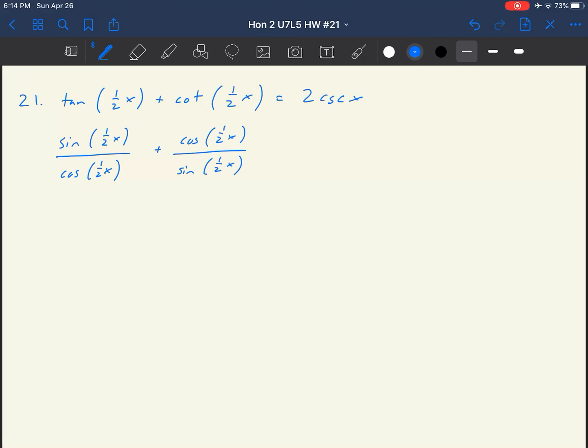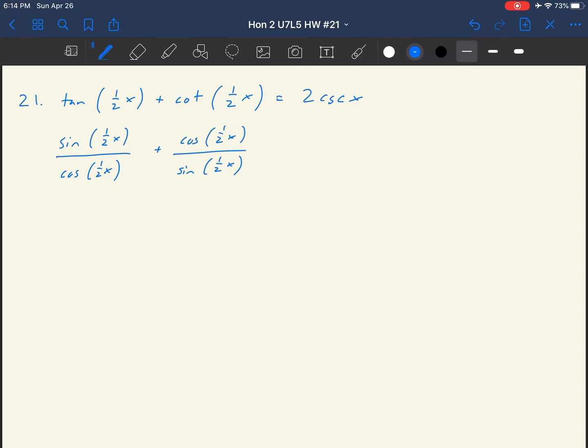Now we want to merge these two. We want to add these two things together because we have one term over here. So we need a common denominator. I'm going to take this term and multiply by sine of a half x over sine of a half x. I'm going to take this term and multiply by cosine half x top and bottom.